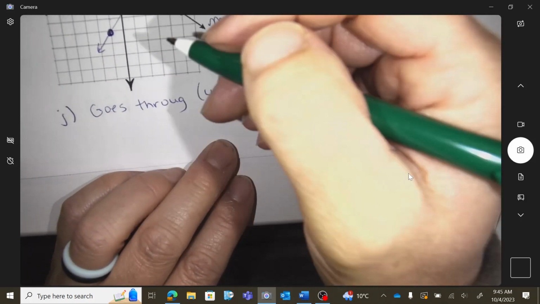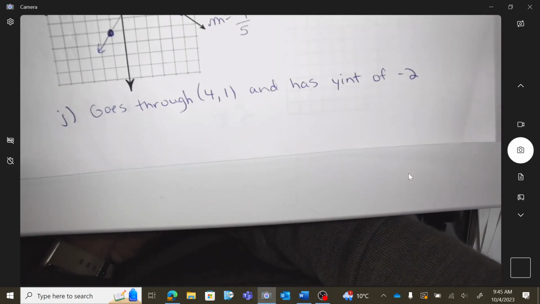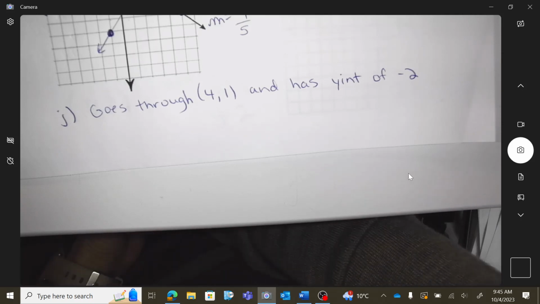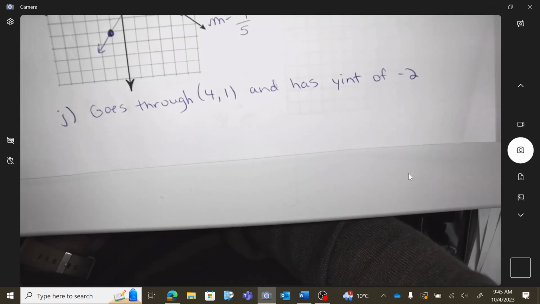Your line is gonna go through the coordinate 4, 1, and your line is gonna have a y-intercept of -2. You gotta make an equation for me. Will we have a graph on the test to use for this question? Nope. But you can always just make one.